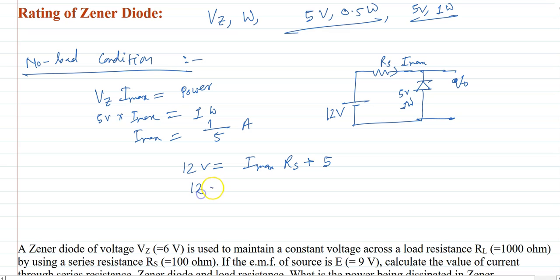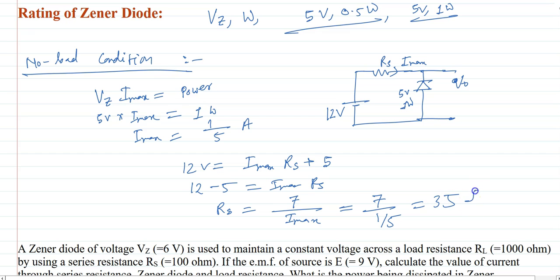Then 12 minus 5 equals Imax into RS. So RS equals 7 by Imax, means 7 by 1 by 5, 35 ohm. This is the minimum value of RS, we need 35 ohm. That way we have to calculate.